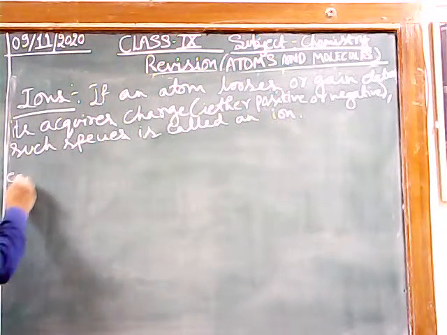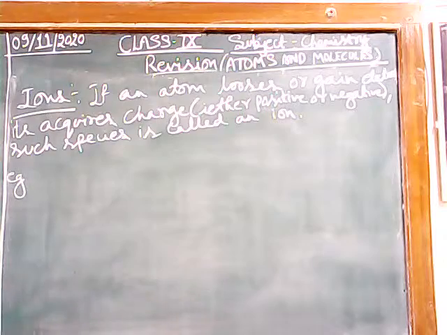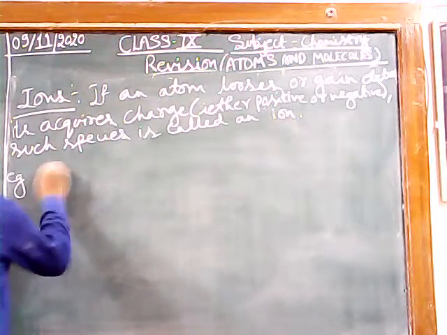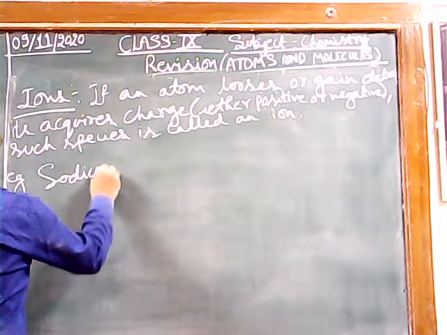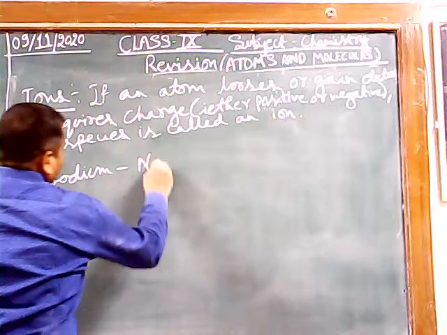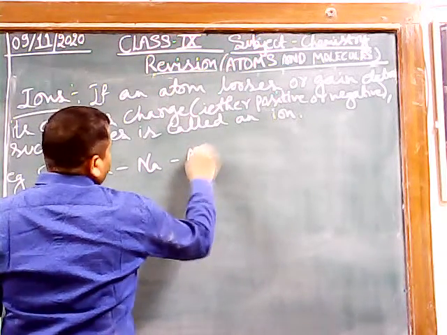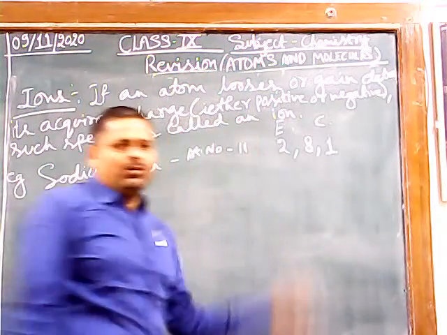For example, sodium Na, atomic number 11, electronic configuration 2, 8, 1.